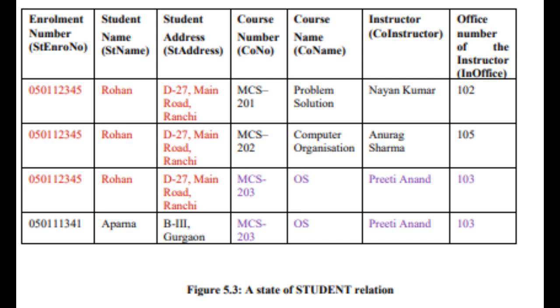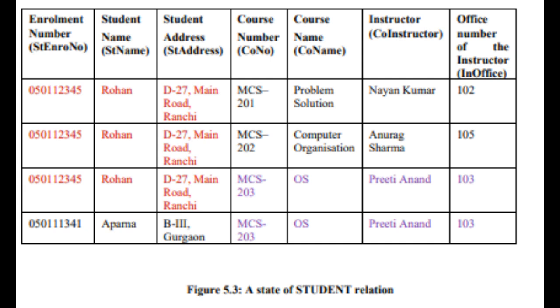This information is repetitive in the first three attributes of tuples 1, 2 and 3, shown in Figure 5.3 in red color. Similarly, the information that the course name for number MCS207 is OS and it is taught by Preeti Anand, whose office number is 103, is shown in Figure 5.3 in purple color. You can observe that even this information is repetitive in tuple 3 and tuple 4.